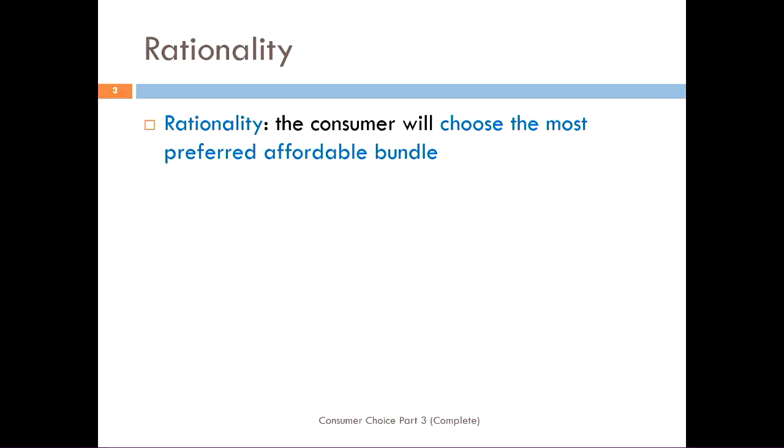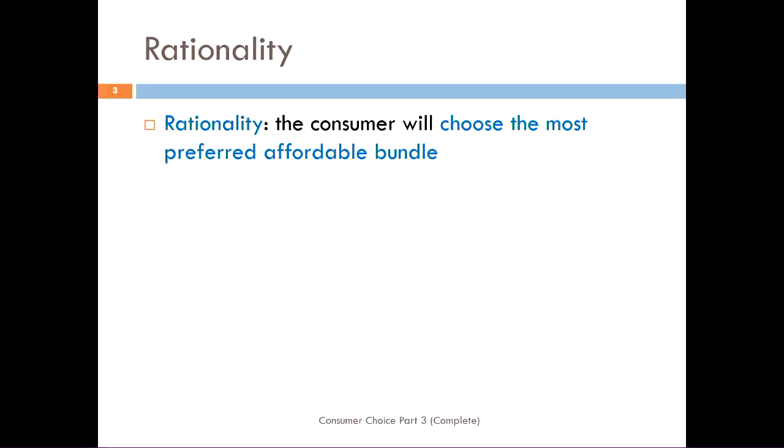There's nothing irrational if that's what you like. Again, as economists, right, no disputing taste. Your tastes are your tastes, right? All we ask is that, given a ranking from most preferred to least preferred among all the affordable bundles, you choose the most preferred. That's all we mean by rationality. Okay? So it doesn't mean what it means outside of economics.